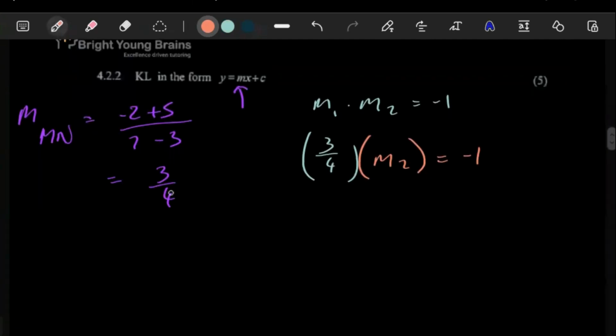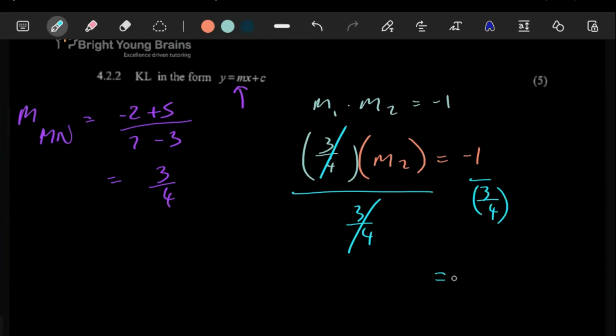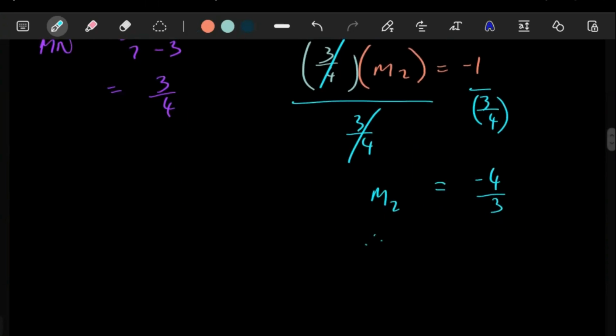Divide both sides by 3 over 4, and you have negative 4 over 3. That's the gradient of the second line, which is the gradient of KL, just negative 4 over 3.